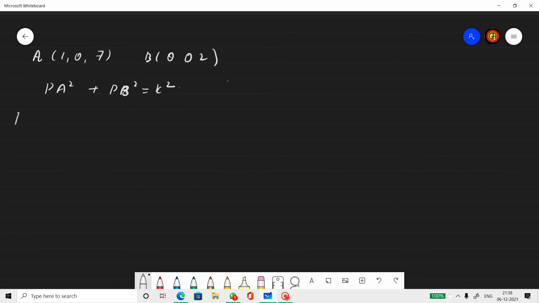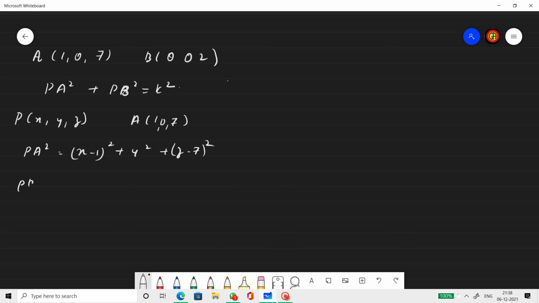In this case we assume P as (x, y, z) and A being already given as (1, 0, 7). Take the distance PA. So PA square, I don't need to put the square root when I have PA square here: (x minus 1) the whole square, y square, (z minus 7) the whole square. Like that for PB square also: (x minus 0) the whole square, (y minus 0) the whole square, plus (z minus 2) the whole square.